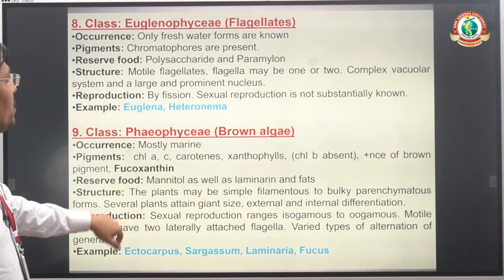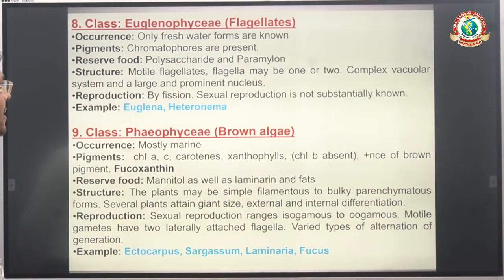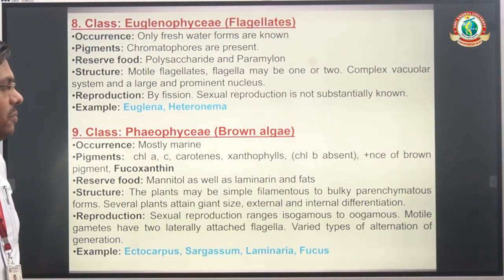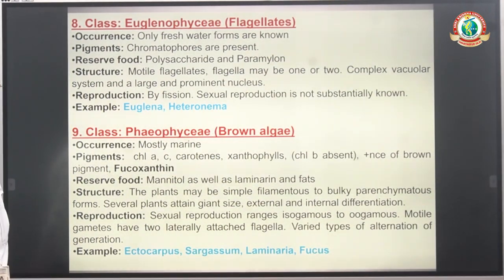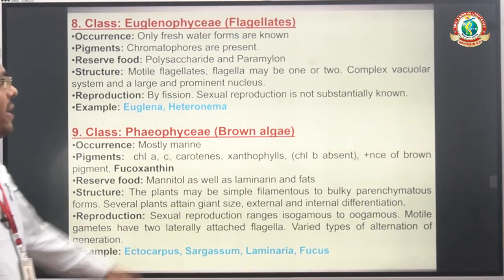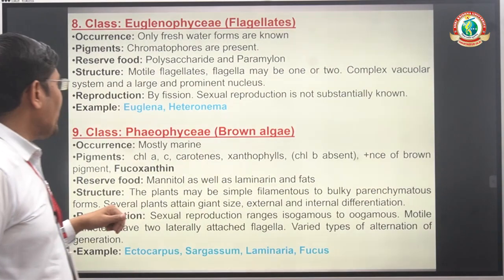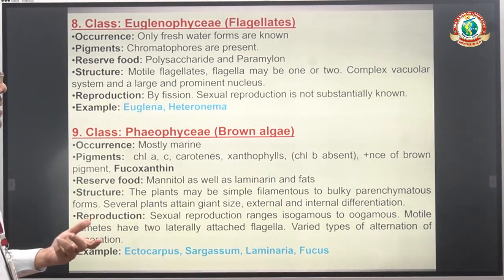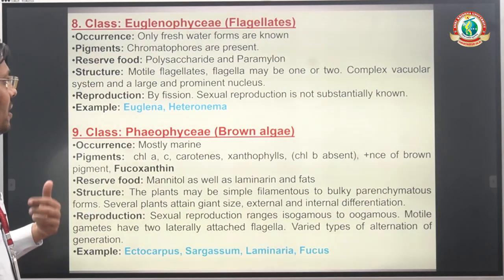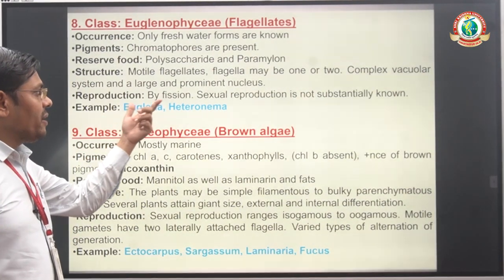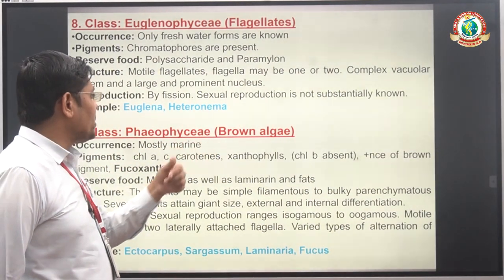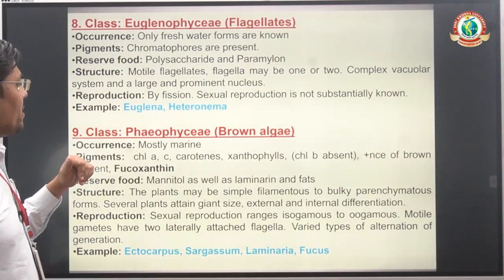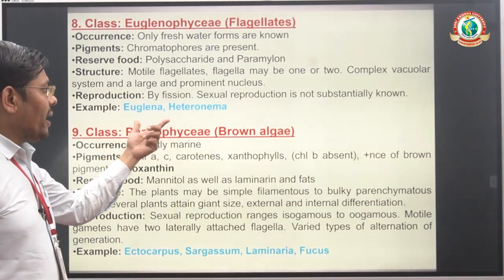Next class is Euglenophyceae, which are flagellates, and these are found only in fresh water, not in marine water. The pigments are chromatophores, and the reserve food materials are polysaccharides and paramylon. The structure is motile flagellates, which may be unicellular or multicellular, and reproduction is by fission, which is asexual. Sexual reproduction is not generally known in this class. Examples are Euglena and Heteronema.